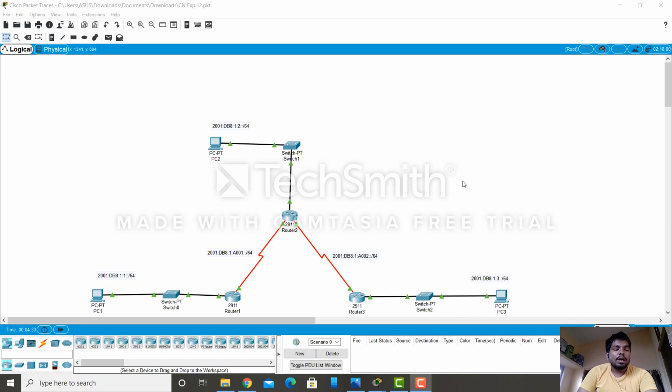Configuration commands of this experiment: part 1 is to configure IPv6 addresses manually, and part 2 is to configure RIPng routing.